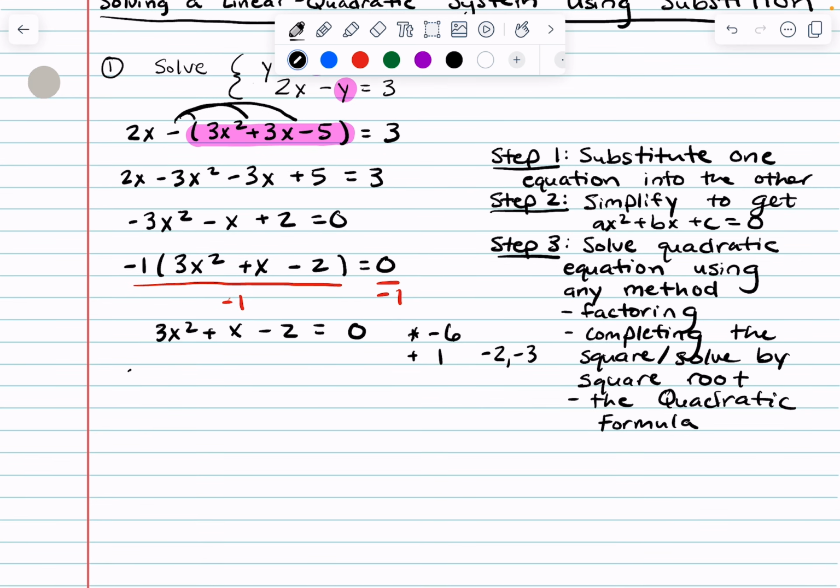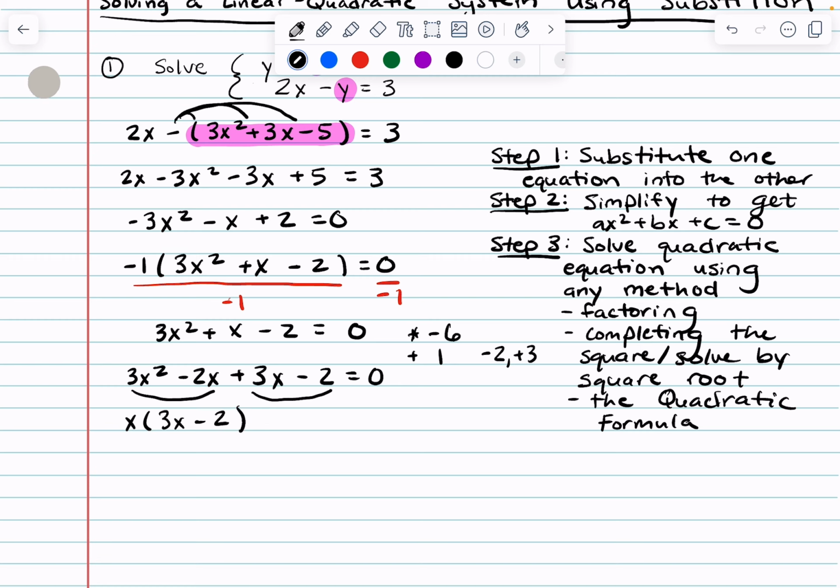So I have 3x squared minus 2x plus 3x minus 2 is equal to 0. My bad, that should be a -2 and +3 because we want that +1 when we add them. Now I'm going to group the first two and then the last two. The first two have an x in common, so I factor that out and I'm left with 3x minus 2.